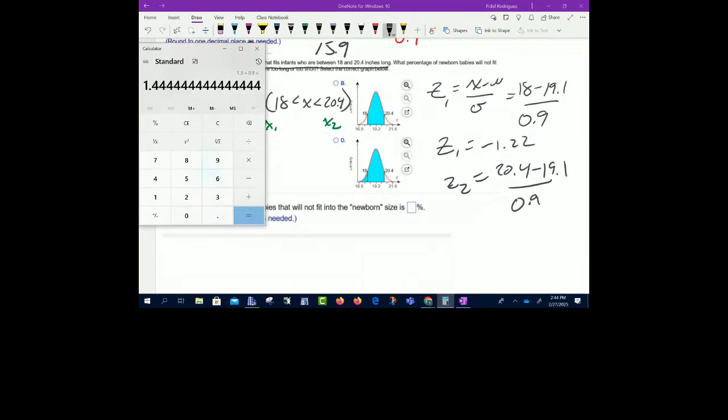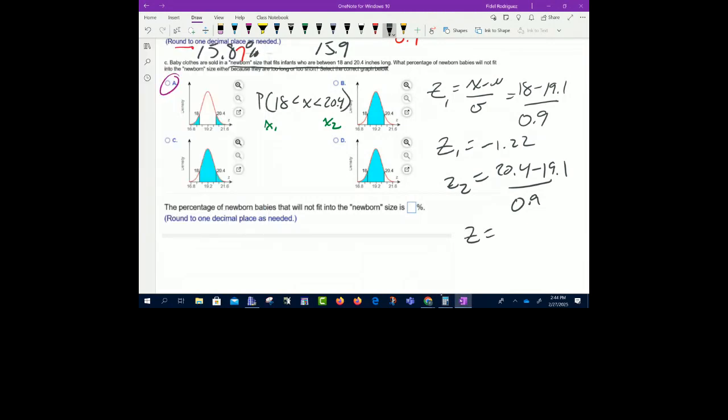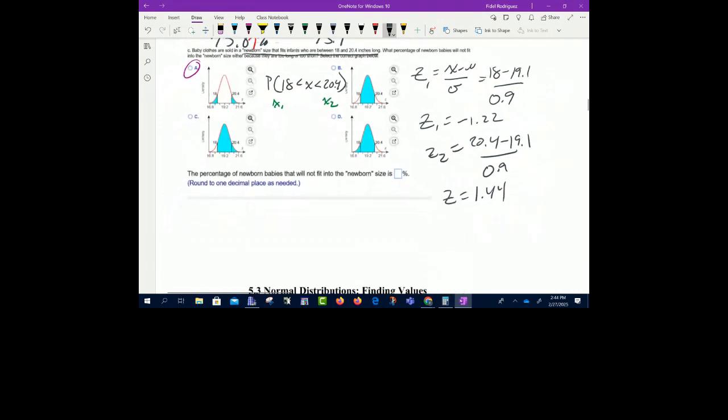Divided by 0.9. Boom. My second Z-score, y'all, 1.44? Okay. So again, y'all, I want to kind of show you something here. If we were doing our standard normal distribution, remember this number here, y'all, is 0, right? We could say, look, let's do this. Negative 1.22 over here, y'all, 1.44.